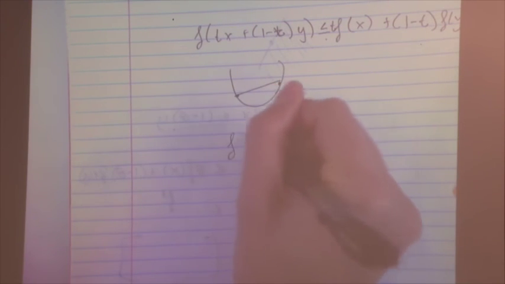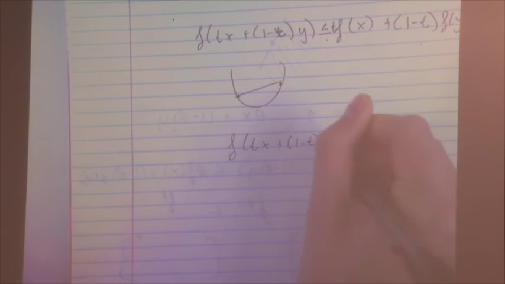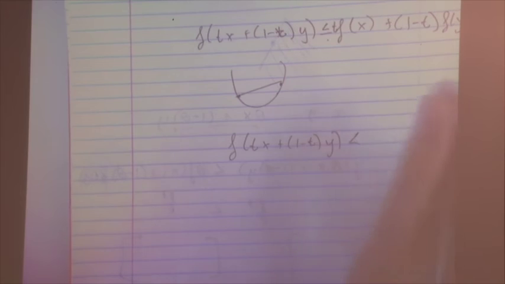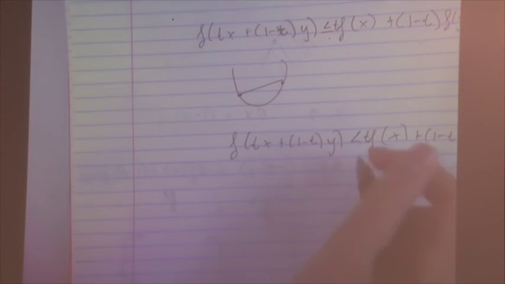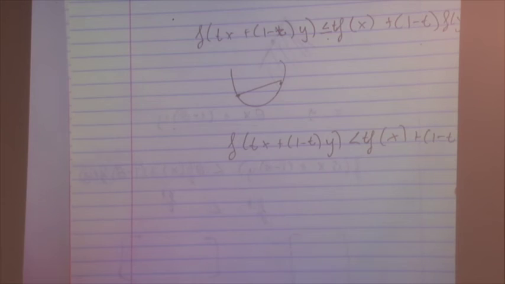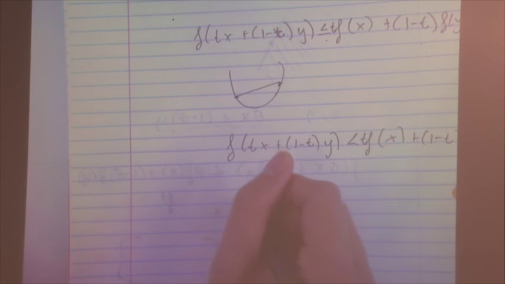But if I switch to strict convexity, then I'm actually making some guarantees about the curvature of the function. So this becomes a strict inequality. And that means that not only do I have this property of the line at the very least being on my curve, it's always going to be lower bounded.